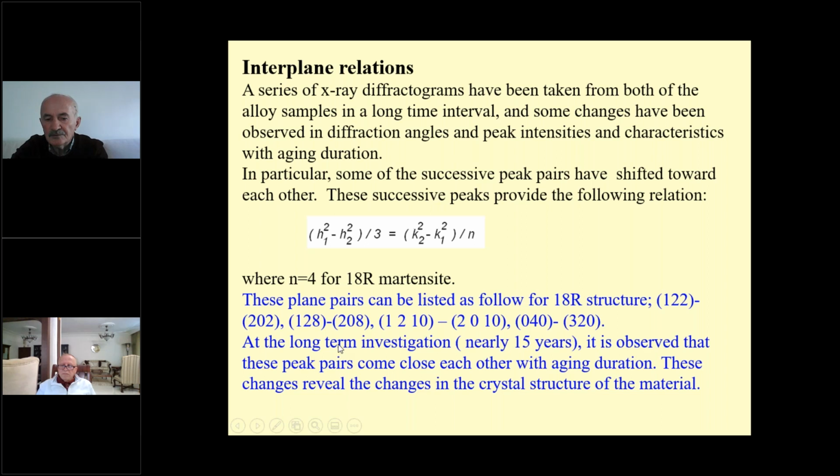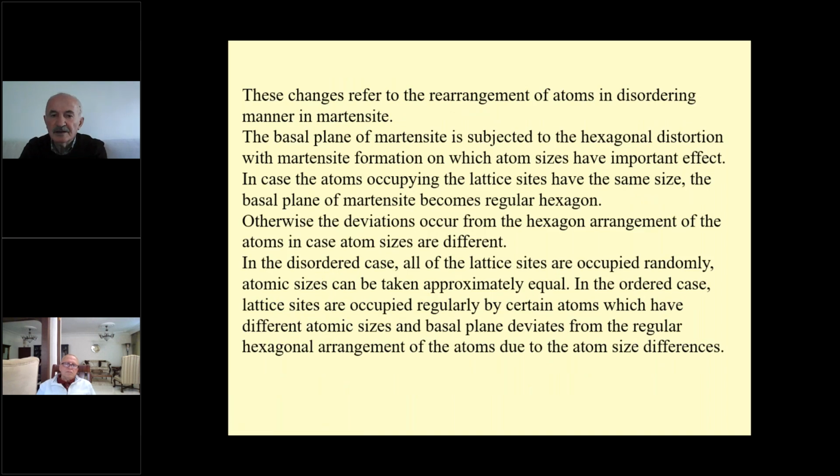In the long-term investigation, it is observed that these peak pairs come close to each other with aging duration, and this change reveals changes in the crystal structure of the material. Also, this change refers to the rearrangement of atoms in a disordered manner in the material.